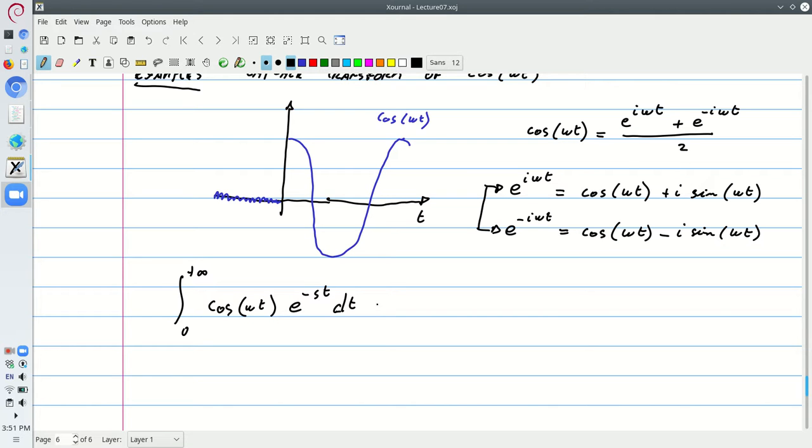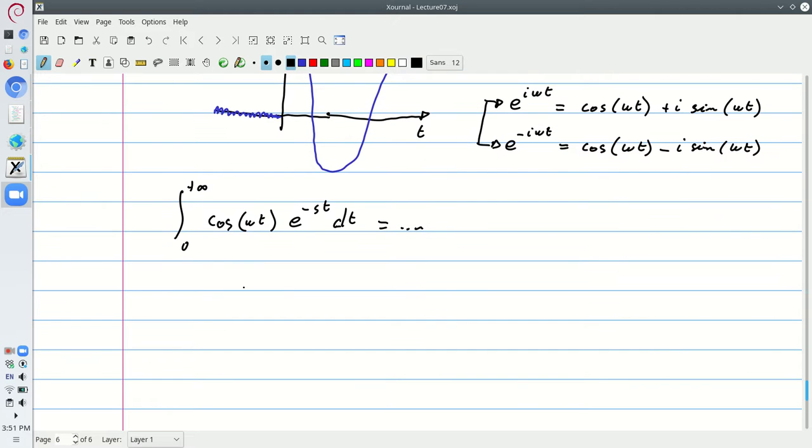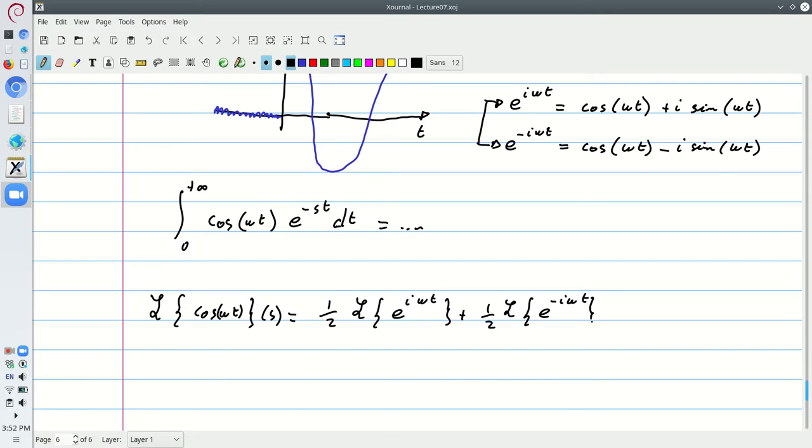So if this is true, then instead of computing this by the definition, we can simply compute the Laplace transform of cosine of omega t as a function of s as 1/2 the Laplace transform of exponential of I omega t plus 1/2 the Laplace transform of the exponential of minus I omega t.